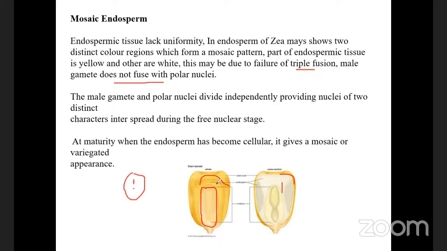In the image, you can see clearly yellow color and white color. At the bottom, the white color is the embryo, and inside, on the lower side, white one and yellow one. This is the endosperm. Mosaic, two types of endosperm. That's why it is a mosaic endosperm. This is there in maize.